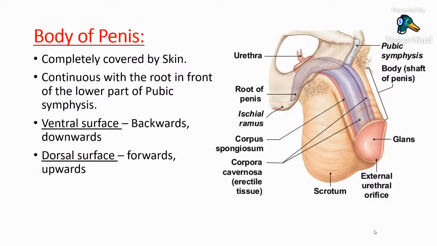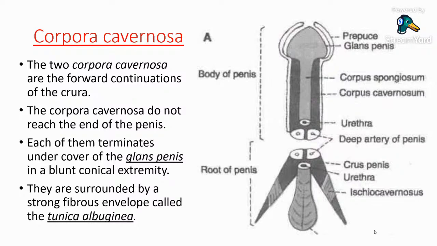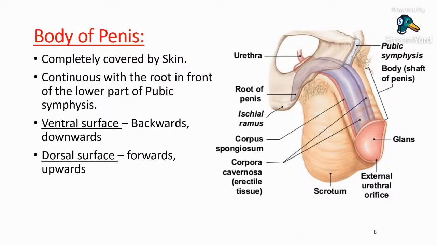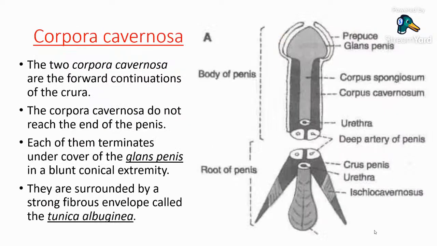Its ventral surface is directed backwards and downwards, and its dorsal surface is directed forwards and upwards. The penis is composed of three elongated masses of erectile tissue.